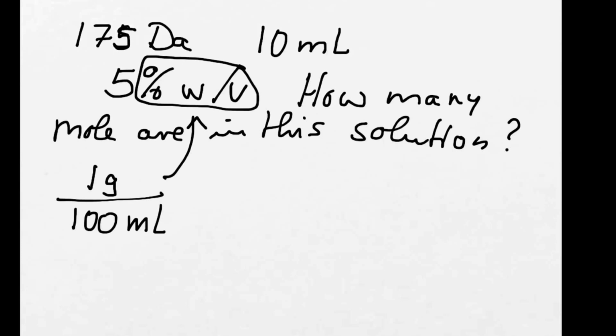And that's always the case. Percent weight per volume means 1 gram per 100 milliliter.